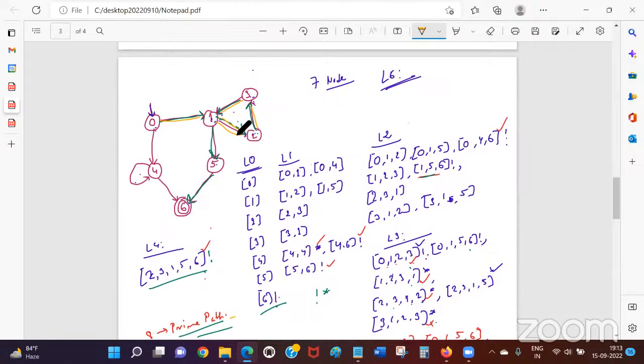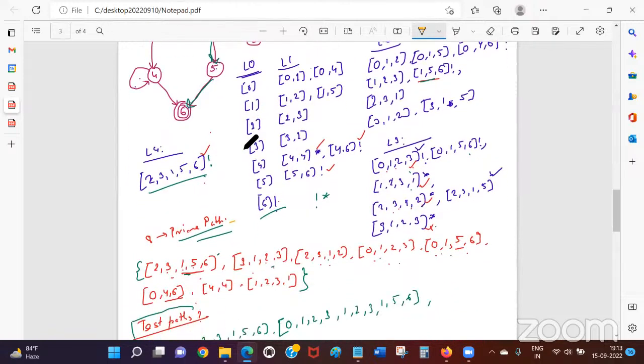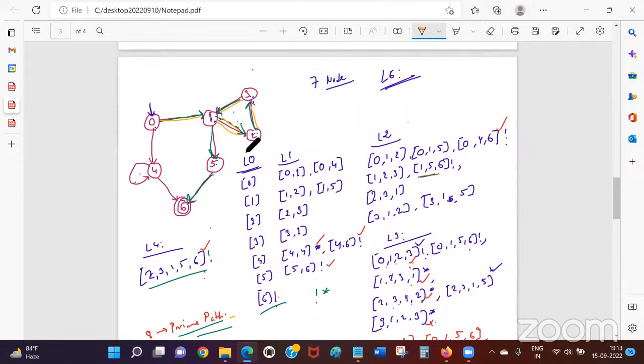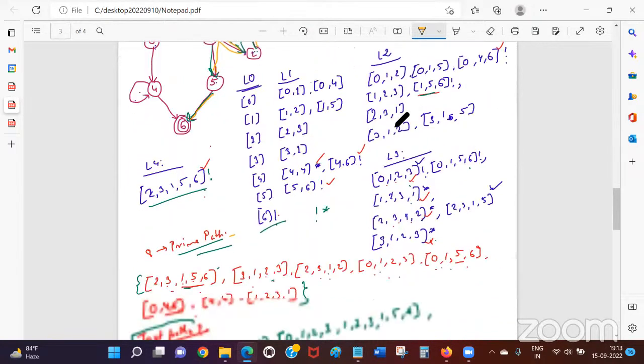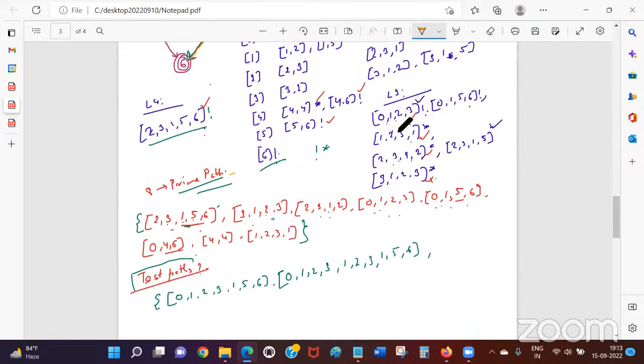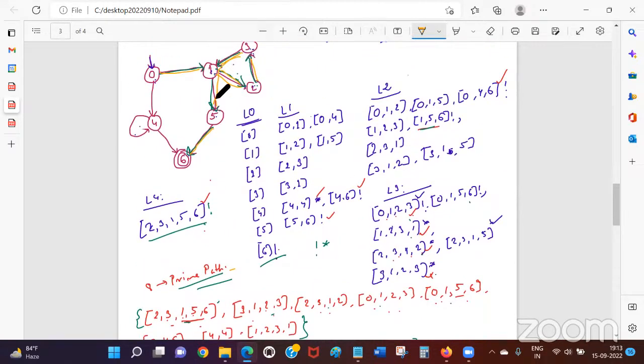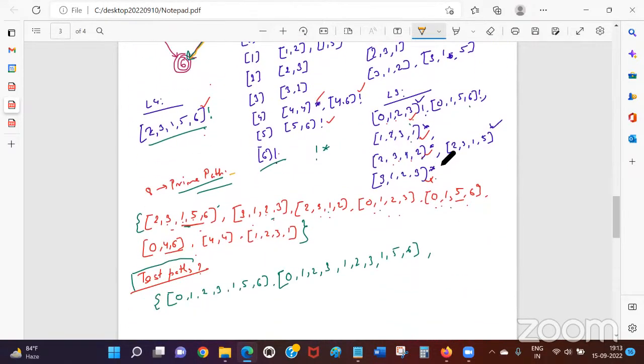So it's repeating the loop, you can understand. 3, 1, 2, 3, 1, 5. It's repeating the loop twice, then 6. So it is basically exercising the loop a number of times. The first one exercises it one time, this is for 2 times. Okay, so I have covered this too.